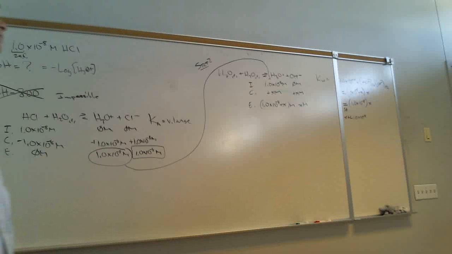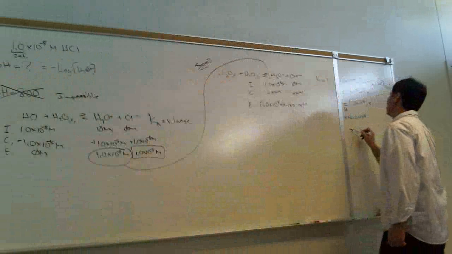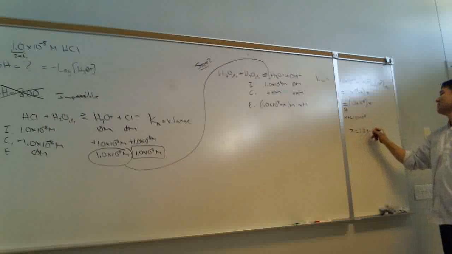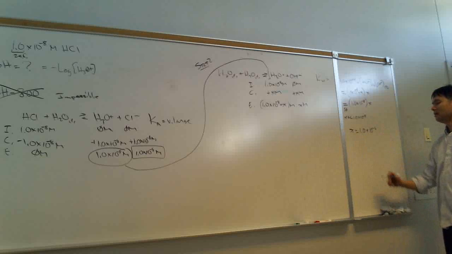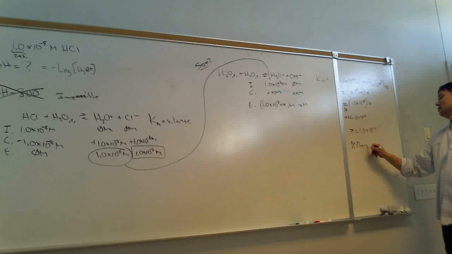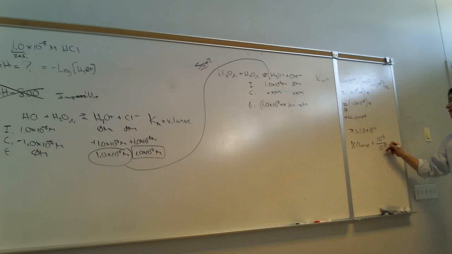Well, let's see. If we do that, X is going to equal 1.0 times 10 to the minus 6. And then I do my percent change. I put the change, which is 10 to the minus 6, over the initial, which is 10 to the minus 8, times 100.